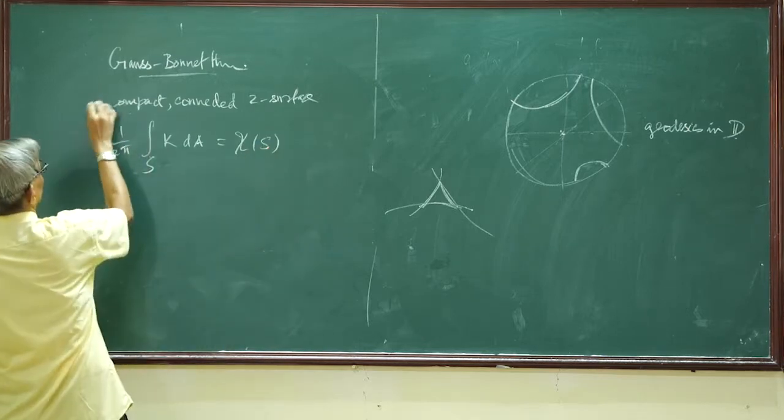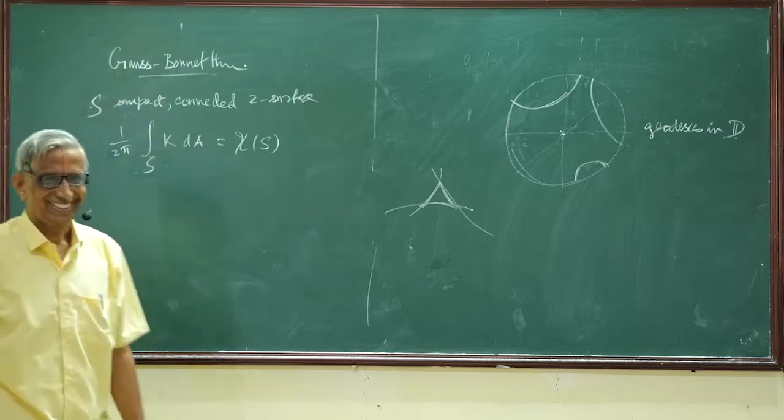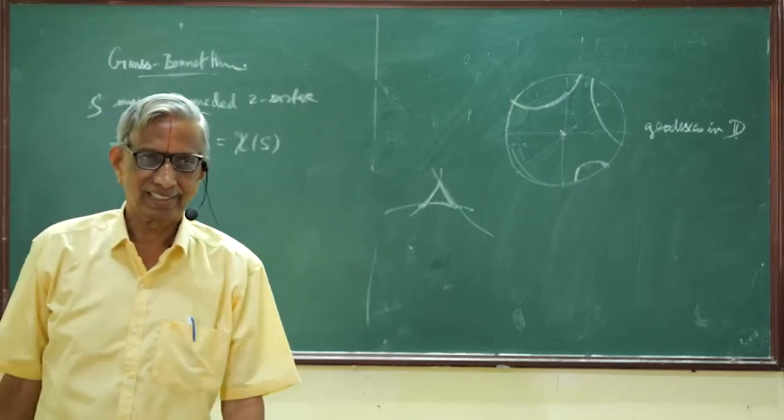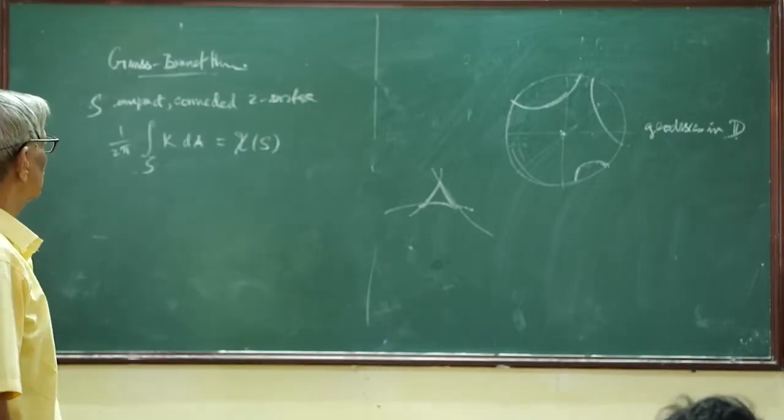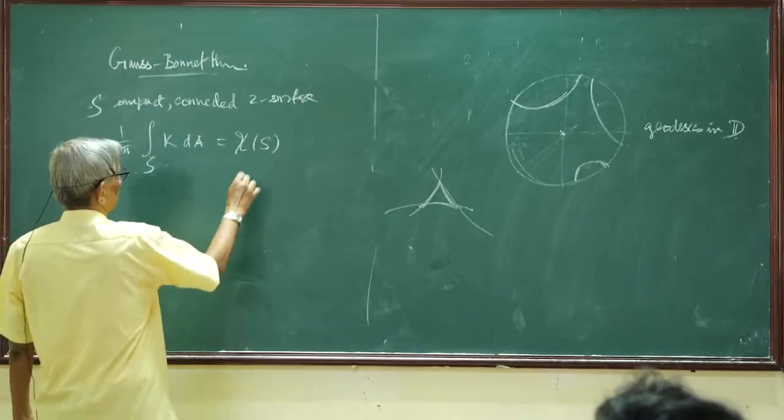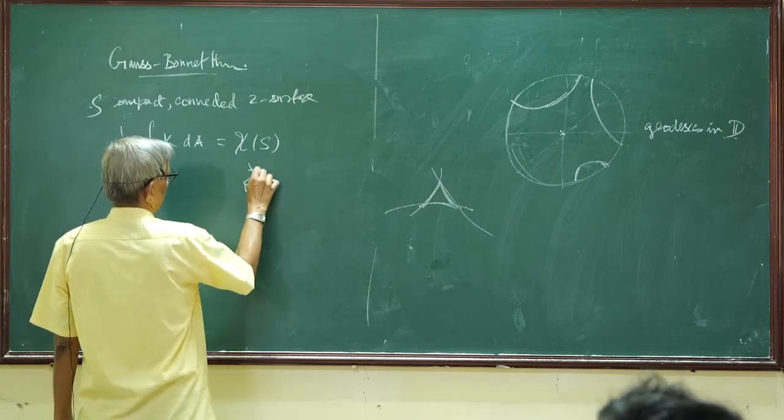K is the curvature, right? S is a compact connected surface. The Euler characteristic.